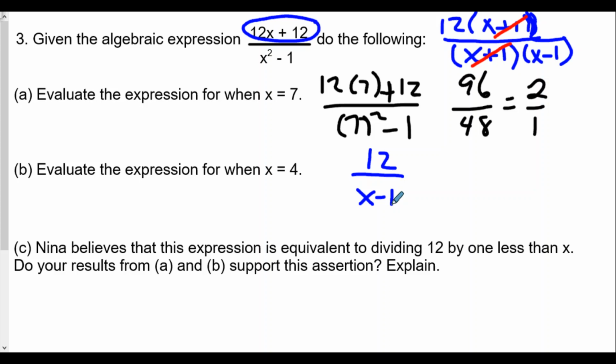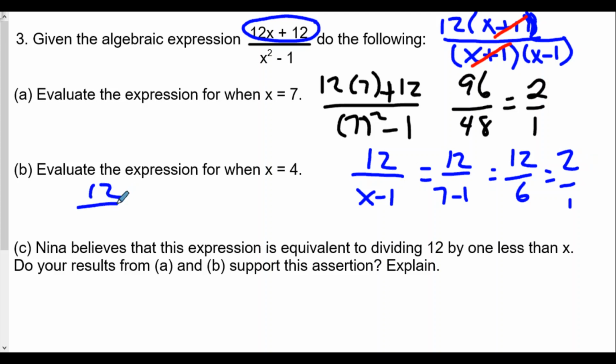If we work with this, 12 over 7 minus 1, we would get 12 over 6, which is still 2 over 1. And if we use 4, we have 12 over 4 minus 1, we would get 12 over 3, which is equal to 4 over 1. So is the expression equivalent to dividing 12 by 1 less than x?